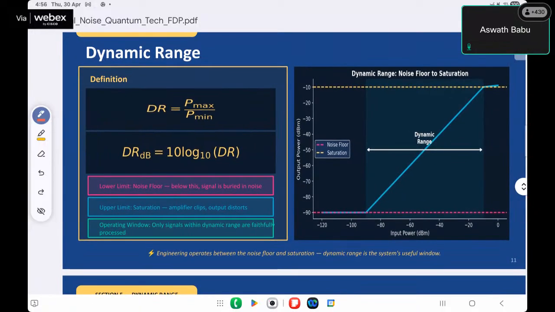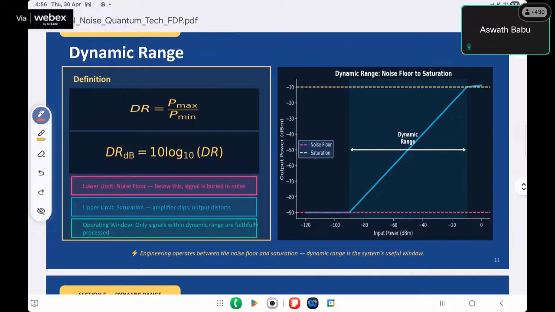So dynamic range here is just like a ratio. We had several ratios quantifying the signal quality. The signal is going to vary through the circuit, let's say in the quantum circuit.